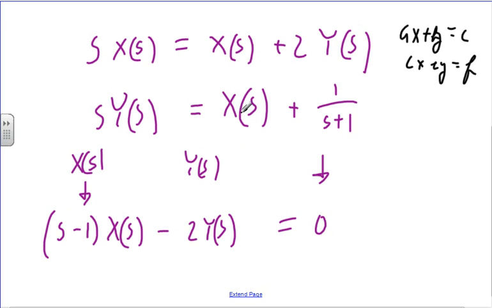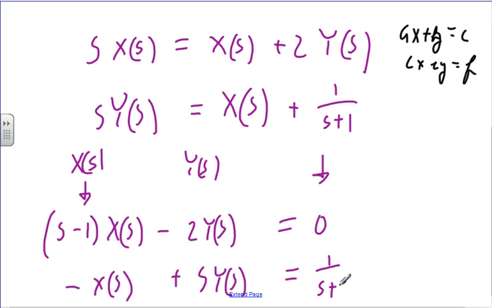And then I've got minus x of s plus s y of s is equal to 1 over s plus 1. Oh, hope I did that right. Okay, I probably did that right.